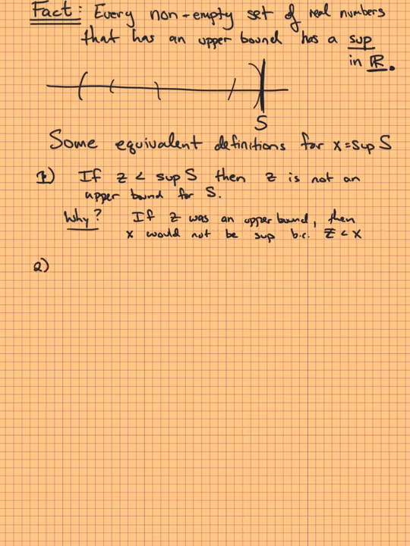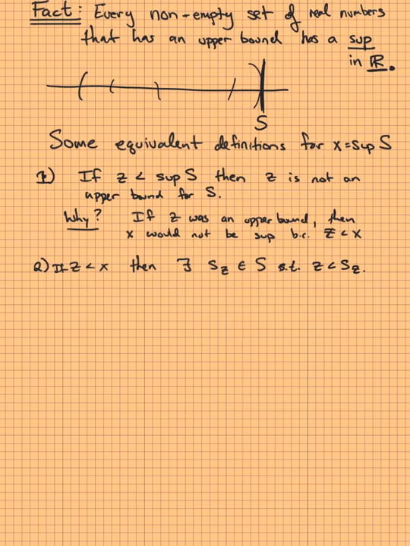They're all going to be kind of similar sounding, but I promise they will be useful in different situations. So if z is less than x, then there exists some s sub z in S so that z is less than s sub z.